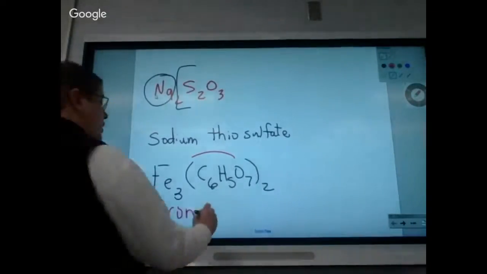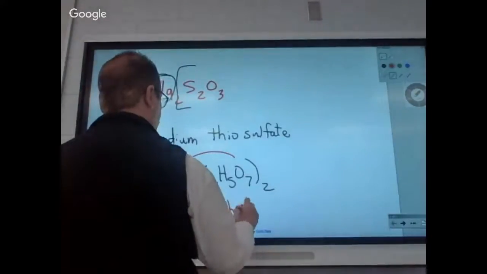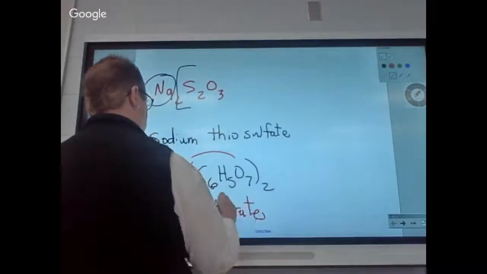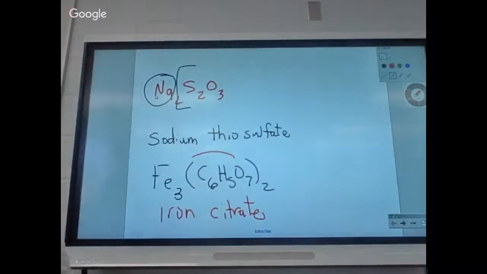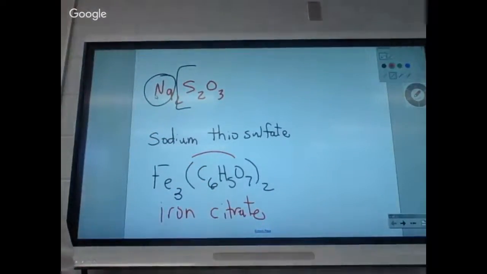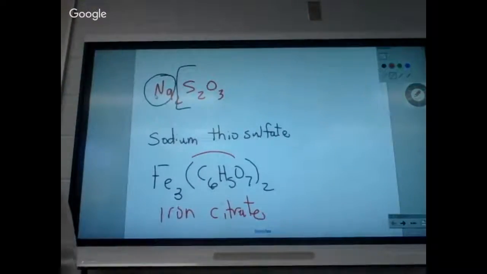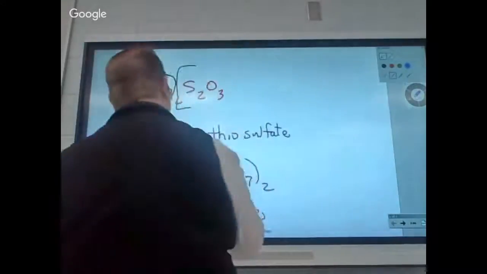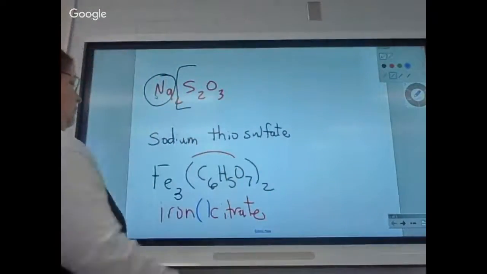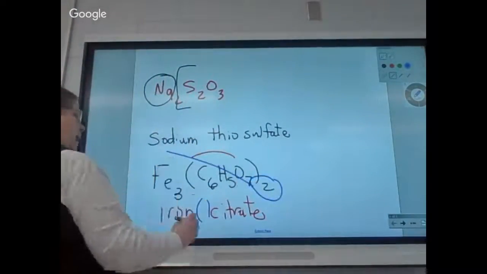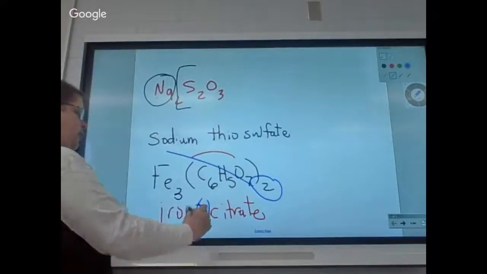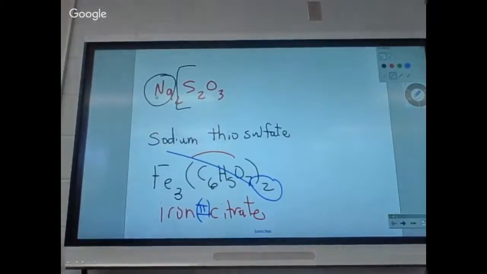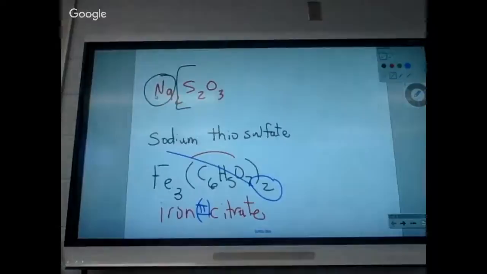It's pronounced citrate. So iron citrate. Does iron need a Roman number? What Roman number are we sticking beside the iron? 2. That 2 right here came from iron, so that's why we put a 2 beside iron. That's how we do that. That's it.